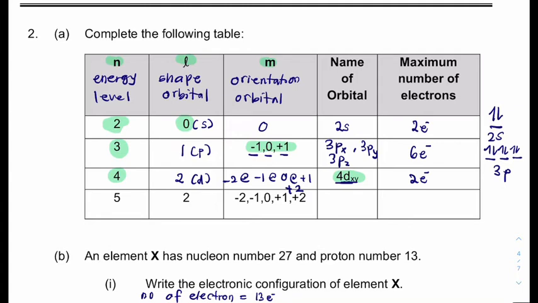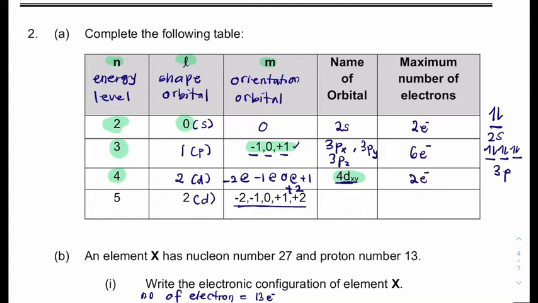And the last one, energy level N equal to 5. Dia bagi tahu kamu di sini shape dia adalah 2 number dia. So this one refer kepada D. Okay. And dia bagi orientation semua. Okay. Macam tadi dekat sini kan dia bagi semua. Jadi kamu kenalah name all the orbital.